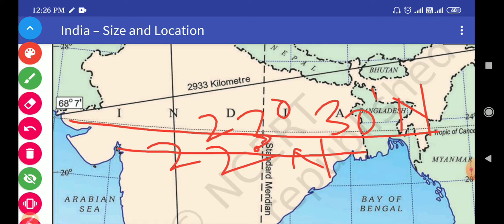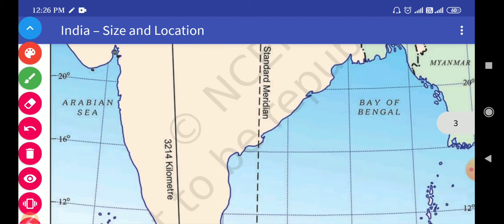What is the meaning of taper? It means the land becoming small towards one end. Here you see this is the land, which is becoming smaller at one end.